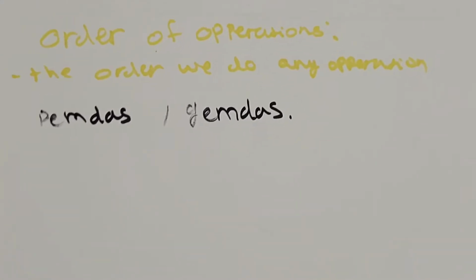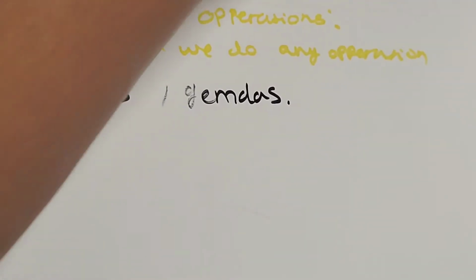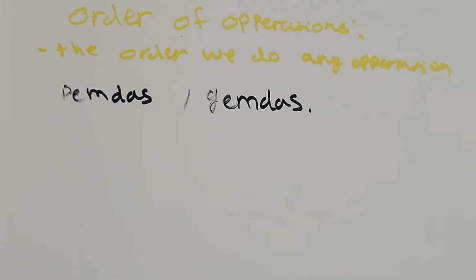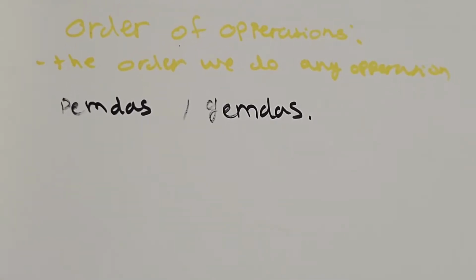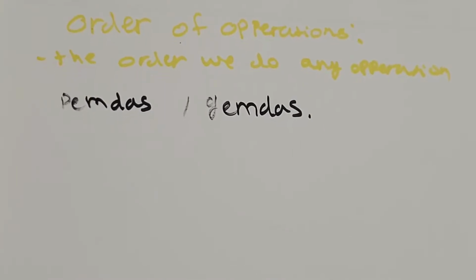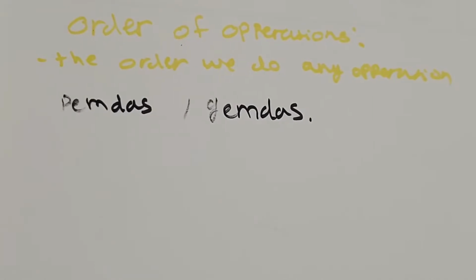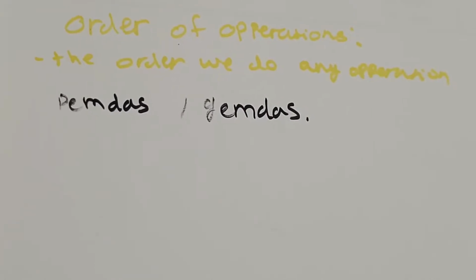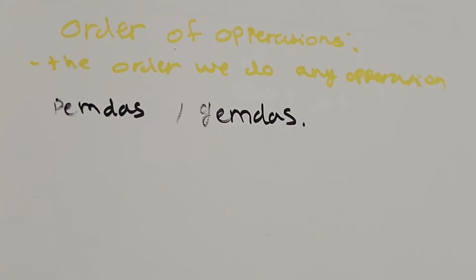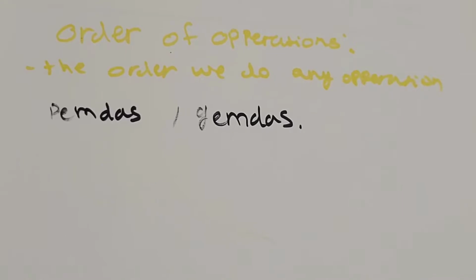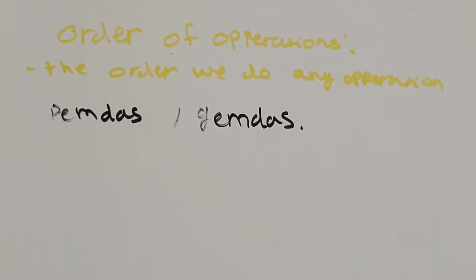If you're on other social media platforms, you've probably seen people make mistakes or argue in comment sections about basic arithmetic like 3 times 2 plus the quantity of 1 plus 9 squared, and they get totally different answers. That's because they didn't follow this exact order of doing the operations.